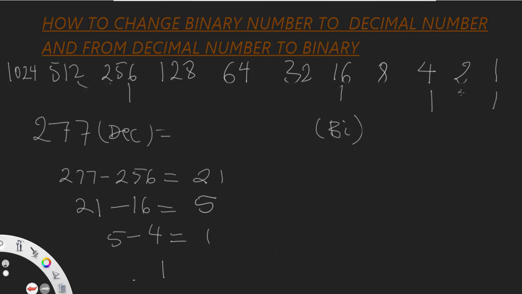So 2 is not there, we put 0. 8 is not there, we put 0. 32 we put 0. 64 we put 0. And this we put 0. There we go. Can you see? So we have 1, 0, 0, 0, 1, 0, 1, 0, 1.